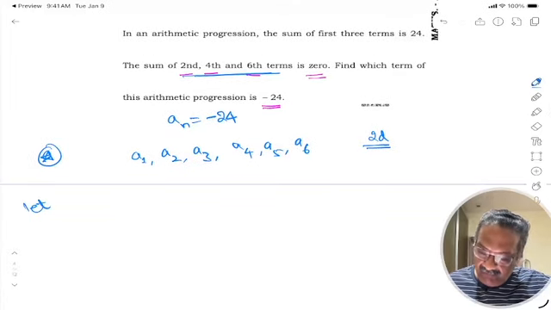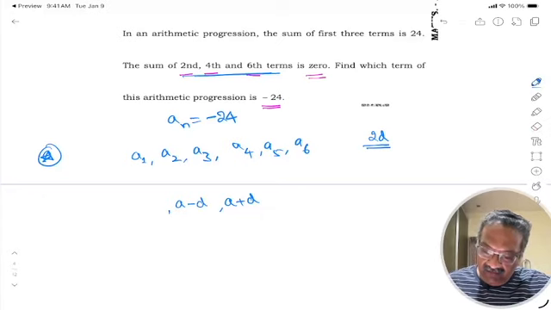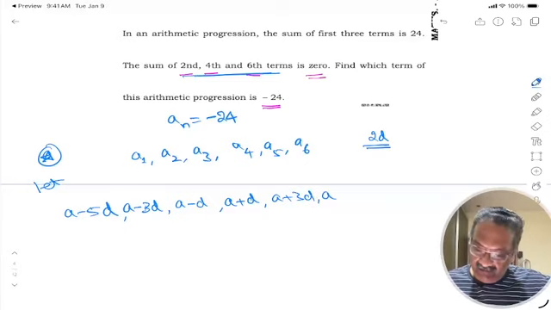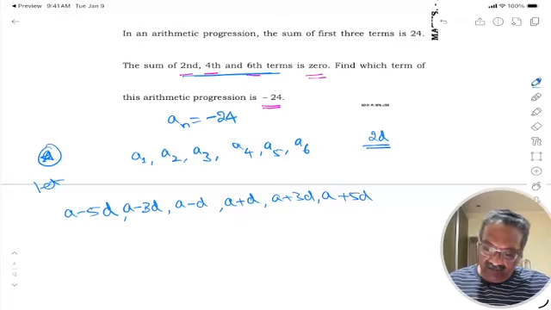Let A4 be A plus D and A3 be A minus D. A2 will be A minus 3D and A1 will be A minus 5D. Similarly, A5 will be A plus 3D and A6 will be A plus 5D. Let this be the AP.